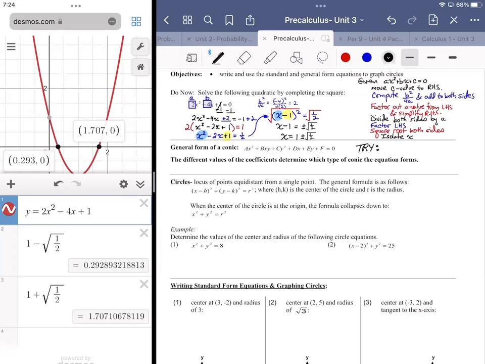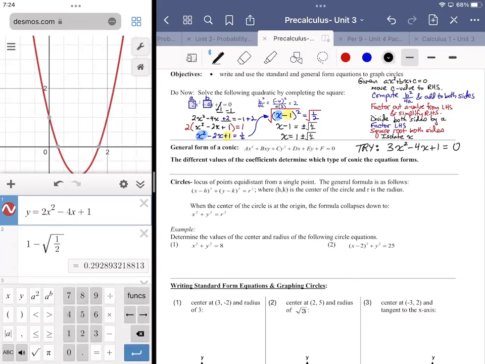Let me just make sure I picked something that works but isn't too nice. 3x squared minus 4x plus 1 equals 0. Let me make sure that that's sufficiently nasty, but not too nasty.